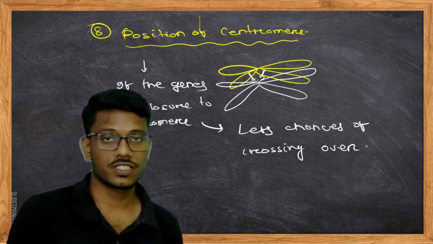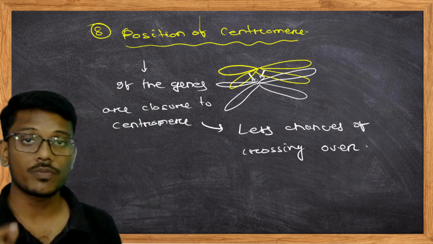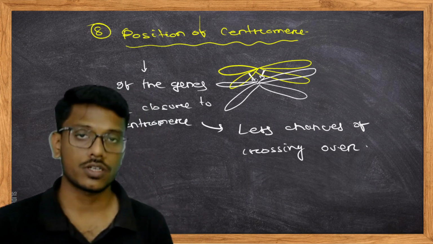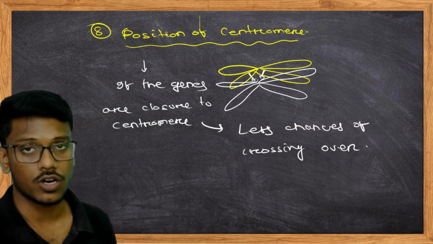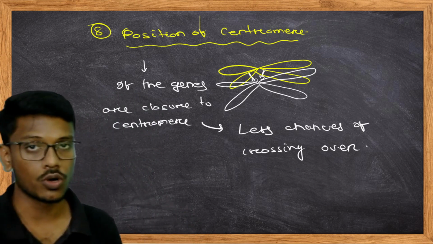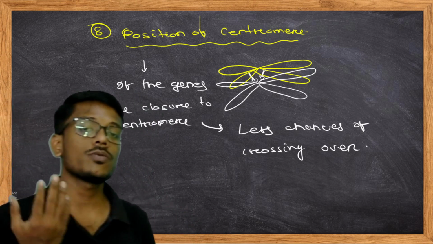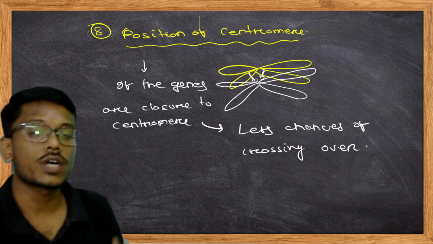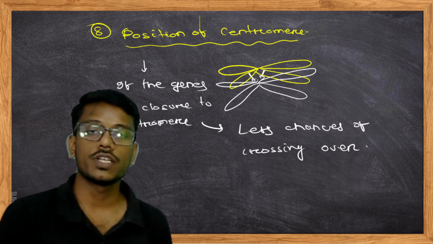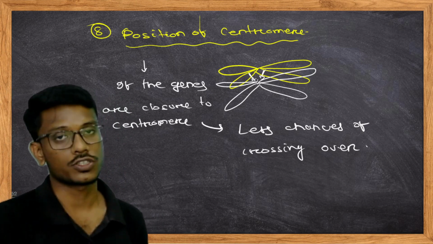The first one, single crossing over, if there is formation of only one chiasma. Second one, double crossing over, if the crossing over occurs at two points, or there will be formation of two chiasmata between the non-sister chromatids of the homologous chromosomes. And if there will be formation of more than two chiasmata between the non-sister chromatids of the homologous chromosomes, then that will be called multiple crossing over.